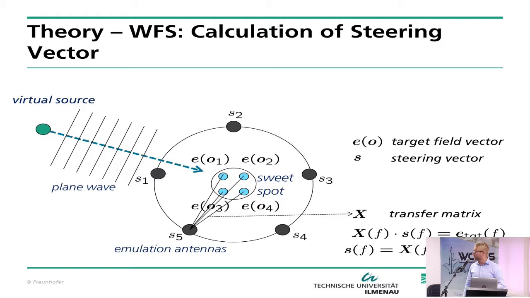So we only need to know the relation between the antennas and the points inside. And if we know that, we can set up an equation. So our transfer matrix, X, times some antenna weights, gives us the target vector. And by solving it for the steering vector, we get the antenna weights to produce a certain wave field.